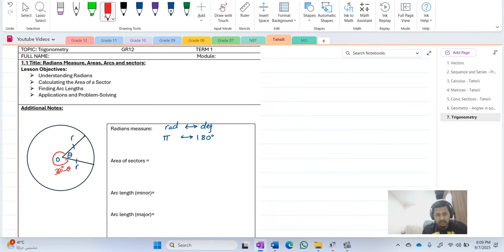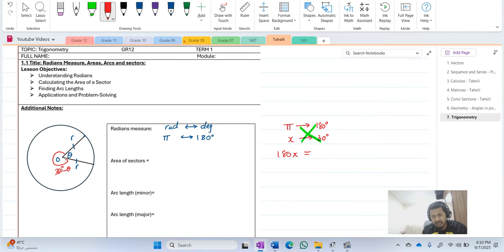So we start off with the formula pi is 180 degrees, and if we want to know what 30 degrees is in pi, we put the x below the pi. The best way is to cross multiply and solve, make an equation. So we get x times 180 is 180x, and that's 30 pi.